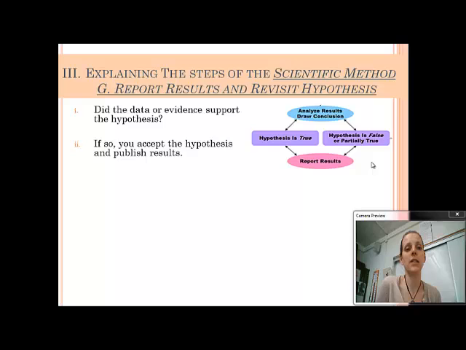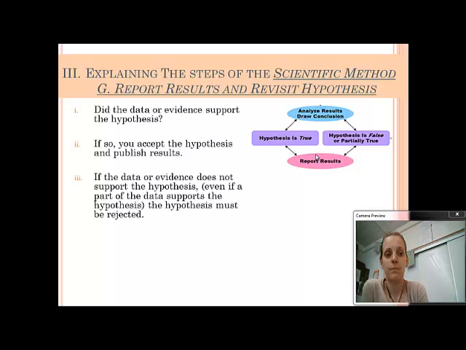So this is the part of the flowchart. We analyze results to draw conclusions. If those results support the hypothesis, it is considered to be true, and then you report your results.